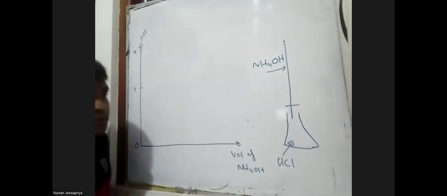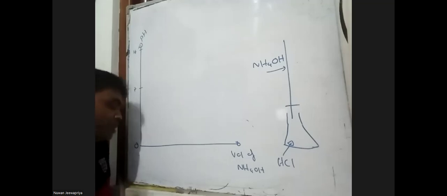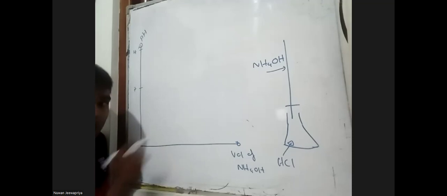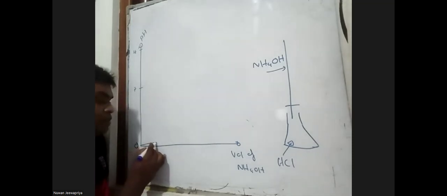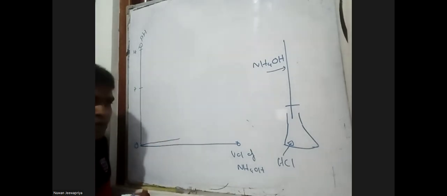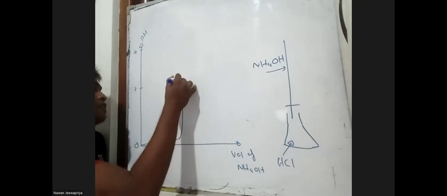Now, the HCl is there in the beginning, so it has a very low pH, close to 0 or 1. When almost all the HCl is finished, the pH will suddenly come to 7.